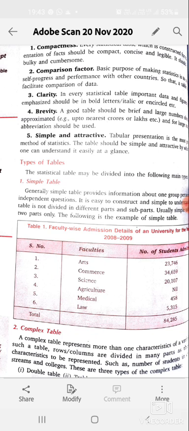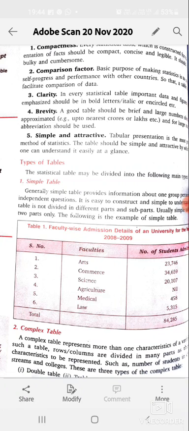This shows the educational trend of different students in a university. Now let us conclude what the trend shows. Out of 84,285, around 24,000 students want to join arts, around 35,000 students want to join commerce, and 20,000 science.